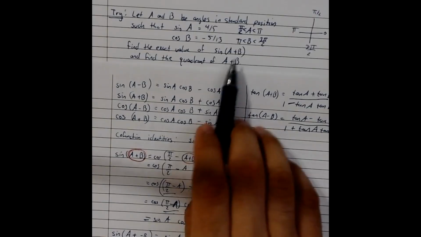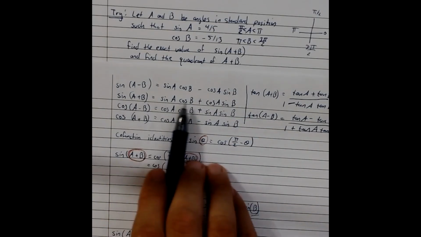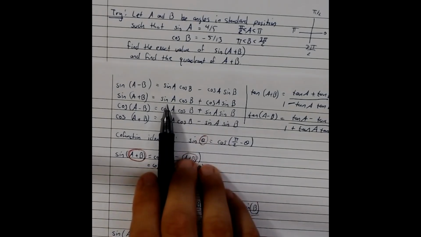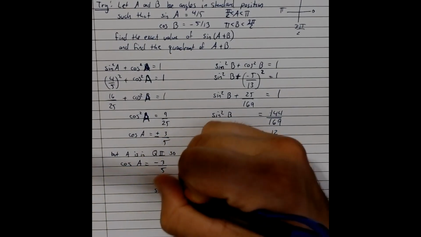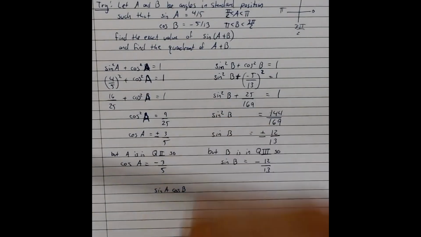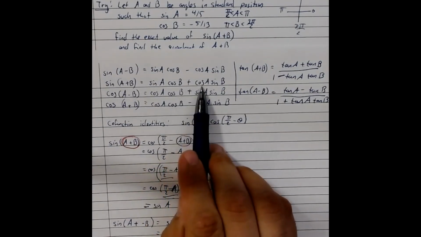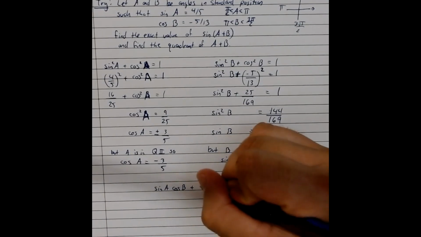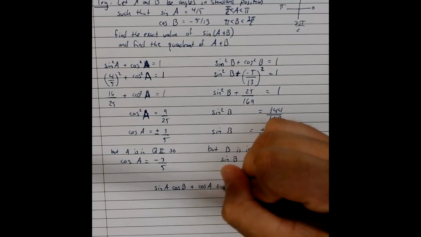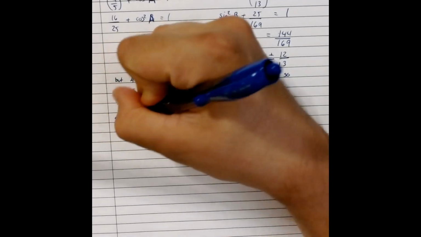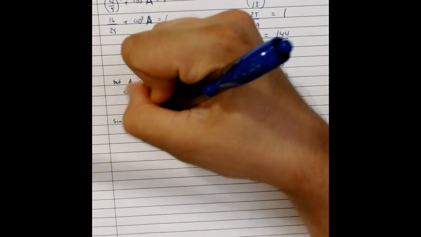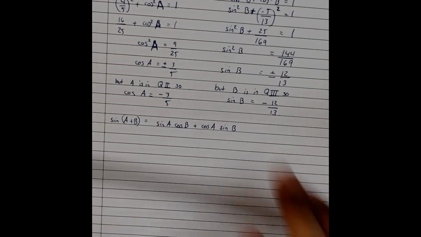We're looking for the sine of A plus B. So we're going to use this second formula here, sine of A cosine of B plus cosine of A sine of B. And that is going to equal the sine of A plus B. But now every one of those numbers is a number that we know. So let's just plug them all in.